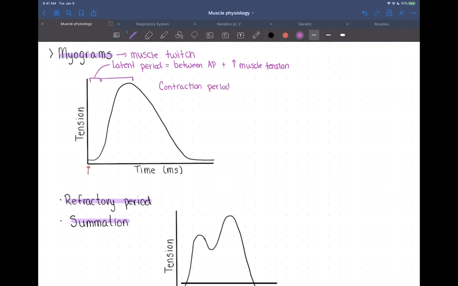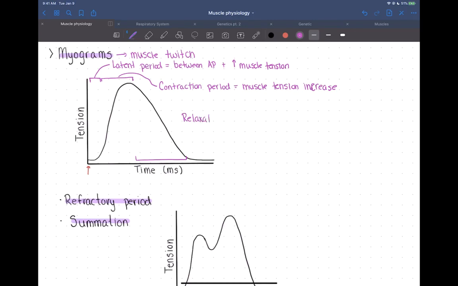And so during the contraction period, muscle tension is increasing. Muscle tension increases. And then the last phase we have would be, I'm going to draw it down here, from here to right here, and that would be the relaxation period.